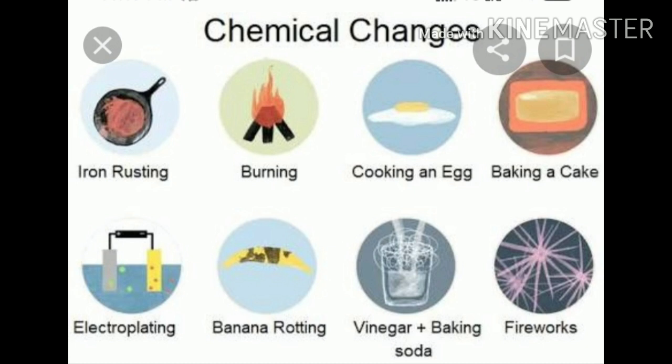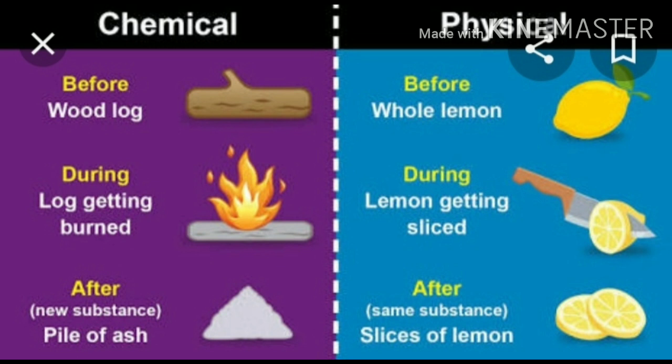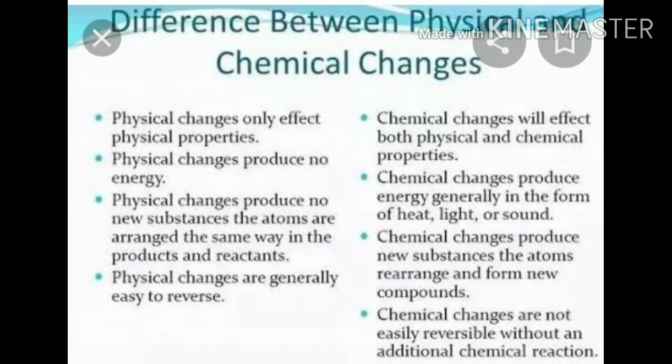So a chemical change is also called a chemical reaction, because when a chemical change occurs, a chemical reaction also occurs. New substances are formed. If hydrogen combines with oxygen, it will form water. When water is decomposed by passing electricity, it decomposes into hydrogen and oxygen. These are both examples of chemical change.